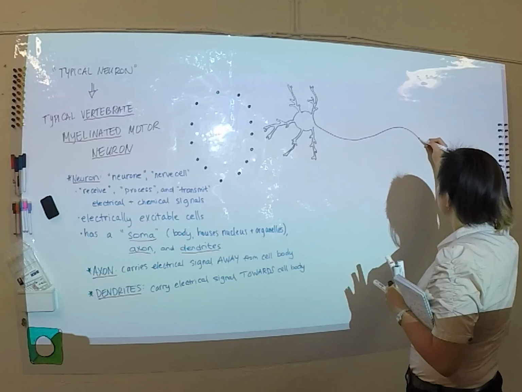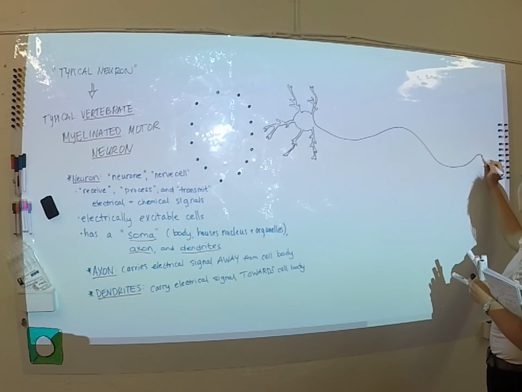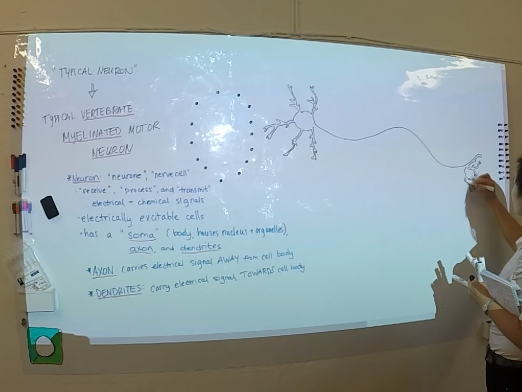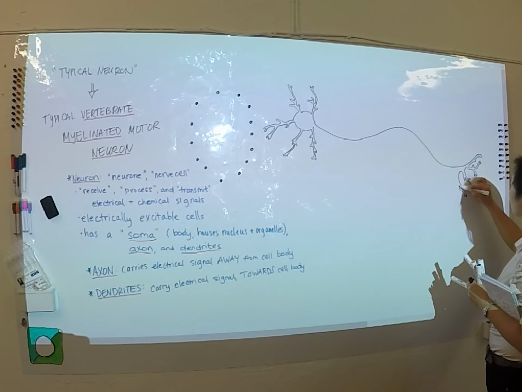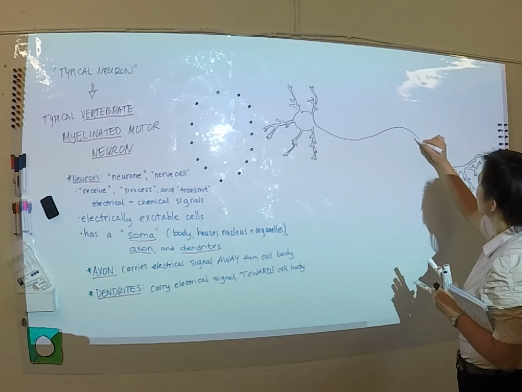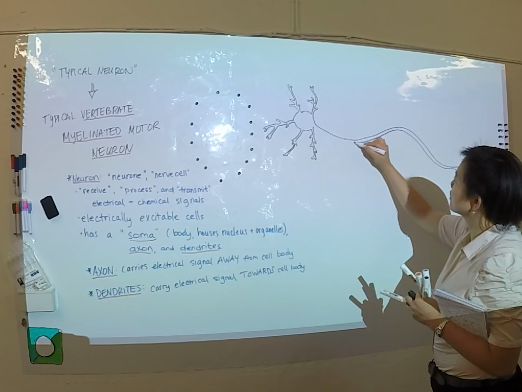So the axon is very long, and then it ends in what's called the axon terminal. Okay. Axon is nice and long.